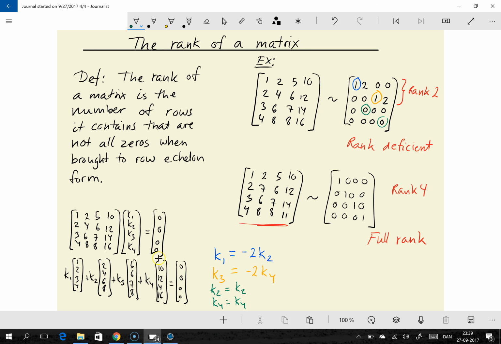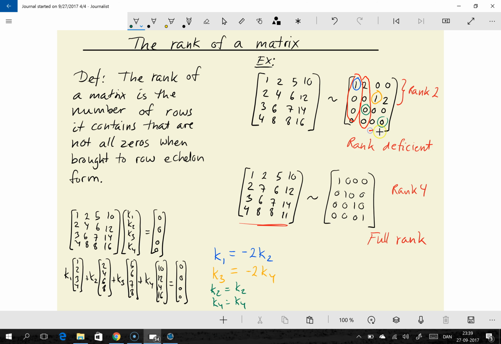As you may recall, having solutions to this problem means that these vectors here, if we conceive the columns in the matrix as vectors, they must be linearly dependent. And as it turns out, if you take a look at the reduced form of the matrix, this vector here is linearly dependent of this vector, or the other way around, you may say.